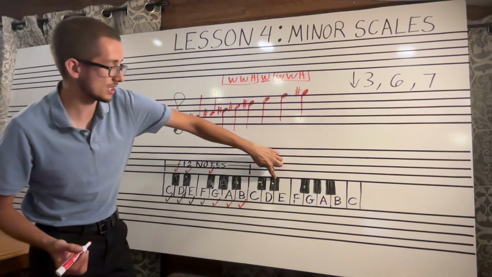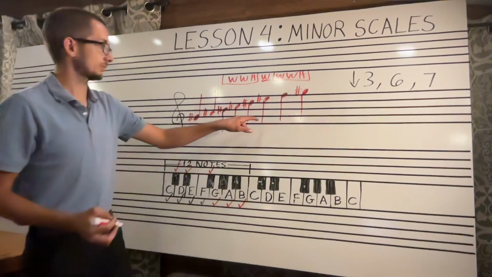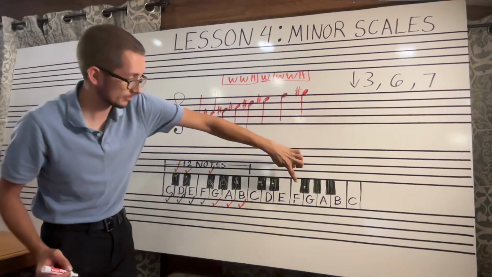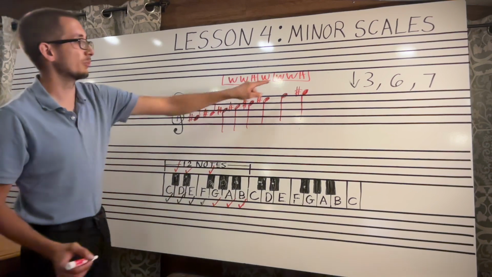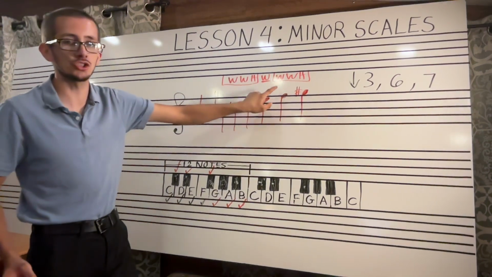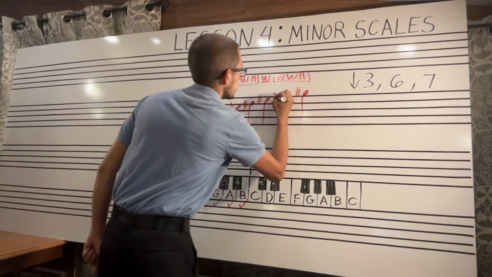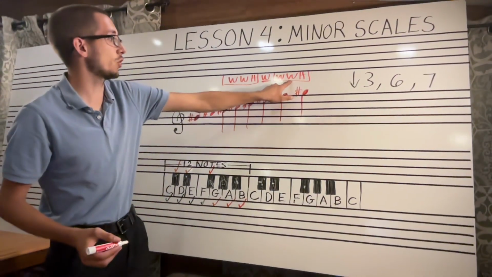D sharp to E is a half step, so we need to put a sharp sign next to the E. Now, E sharp to F, that's the same pitch again on the piano. We need it to be a whole step, so we need to actually put a double sharp on this F in order to get it to the size of a whole step.